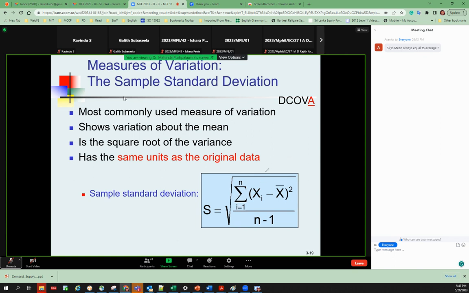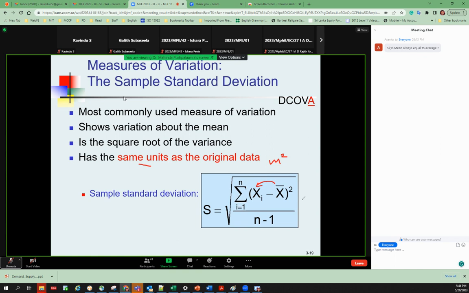Why do we take the square root of variance? To get the same unit as the original data. Let's say you measure height in meters. Now you take the difference between each height and the mean height, and you square it.